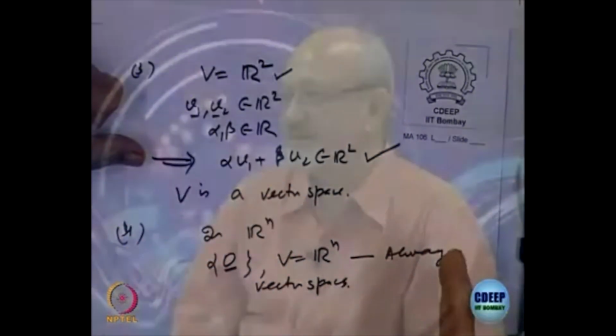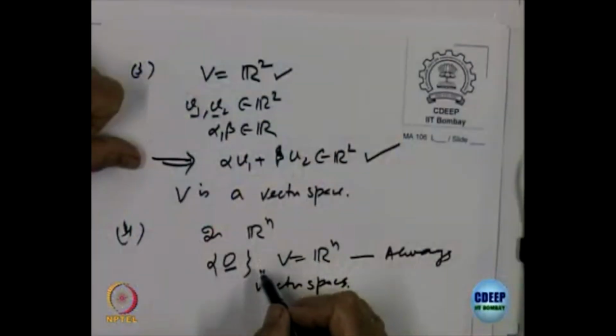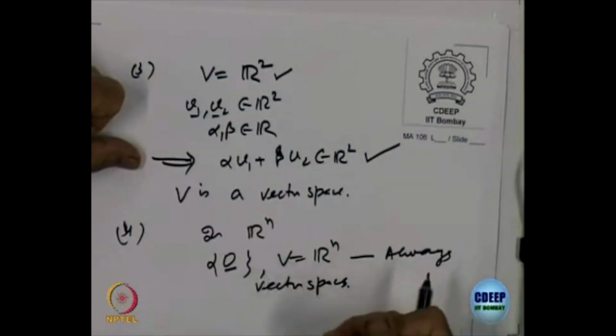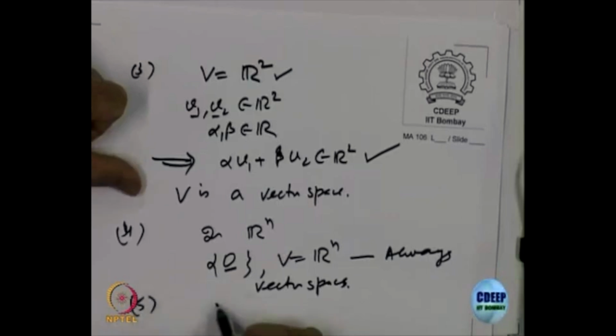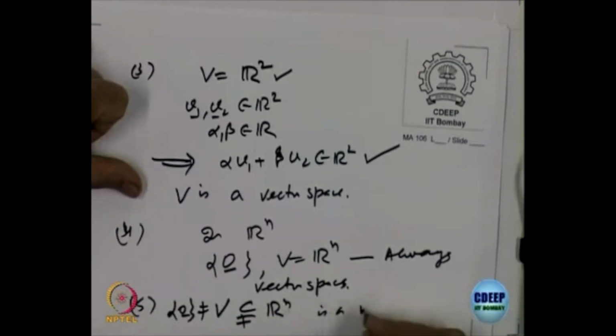You don't have to verify anything, they are obvious examples of vector spaces. The interesting thing becomes when you want a proper subset of Rn, and you want to say it is a vector space. So the interesting thing is V proper in Rn and it should not be equal to 0, because 0 is always a vector space.